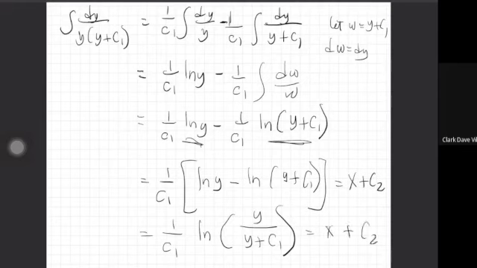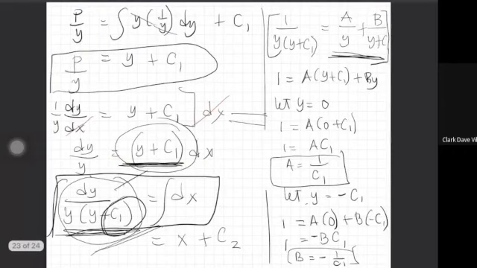If we simplify that, there is no more. I have a different solution. I don't know if this solution is the same as the one in the book. But checking my solution, we did not violate any rule here. We used partial fractions, and the right side is simply x plus c sub 2.